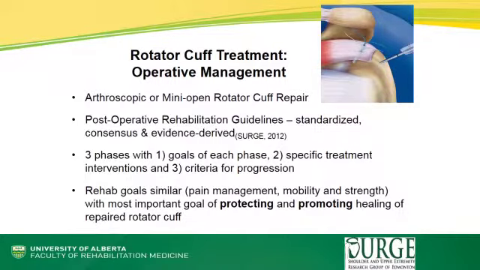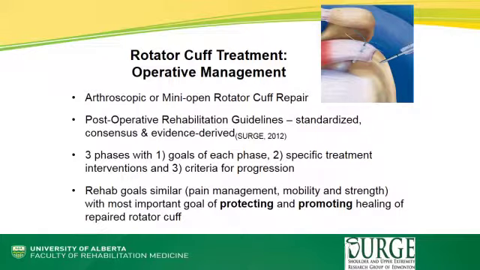So remembering that slide where we had the 2 arms, the conservative, non-operative, and operative, should you be in that group that ends up having a surgical repair, these are really commonly done. I'm not going to pretend to speak to the specifics of the surgery. In Alberta, it's most commonly done through an arthroscopic or a mini-open procedure. Following that surgery, you as a patient follow a very standard rehabilitation protocol.